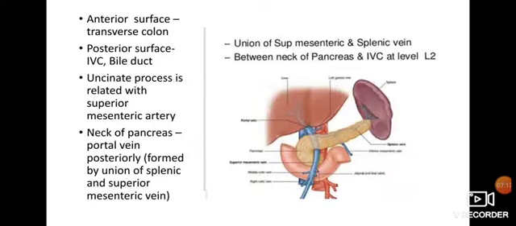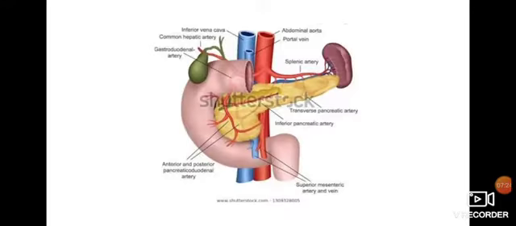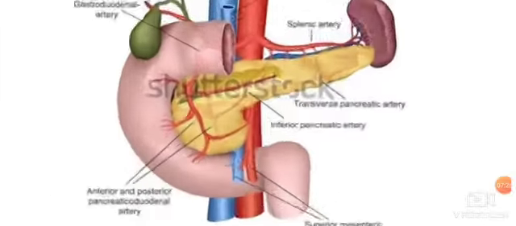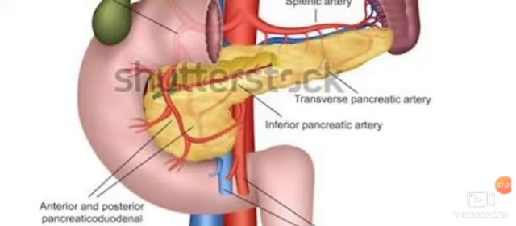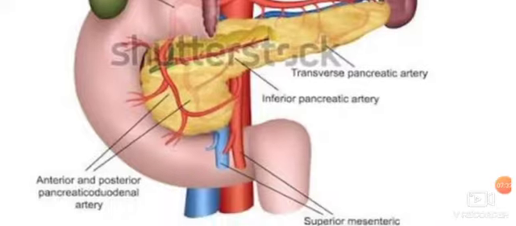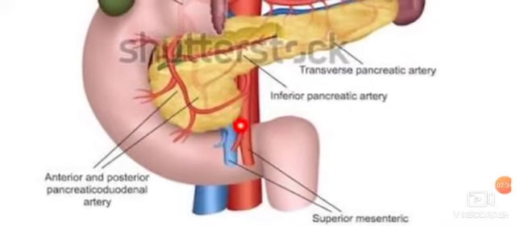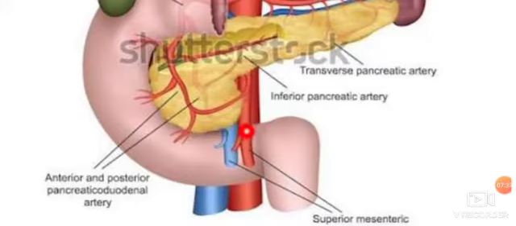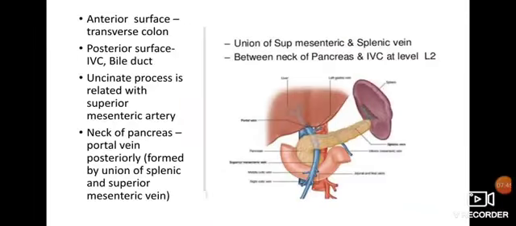The uncinate process is related with the superior mesenteric vessels. We can see the superior mesenteric vessels in relation with the uncinate process. This is the superior mesenteric vein and this is the superior mesenteric artery that is passing in relation with the uncinate process.